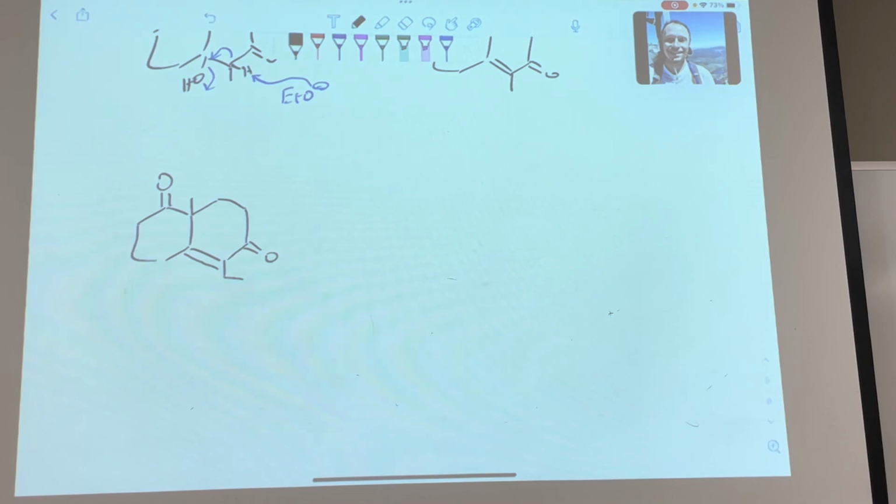Now, the first thing that we're going to do is remember the way we got this alpha beta unsaturated carbonyl system is through the elimination of a beta hydroxycarbonyl. So I'm just going to take this and redraw it exactly without the double bond.